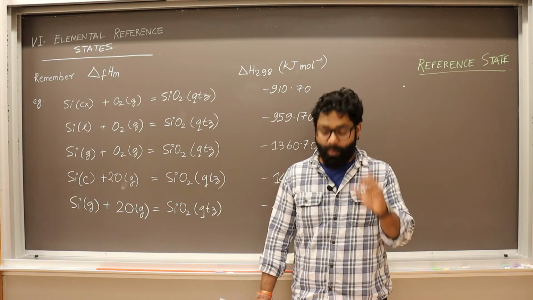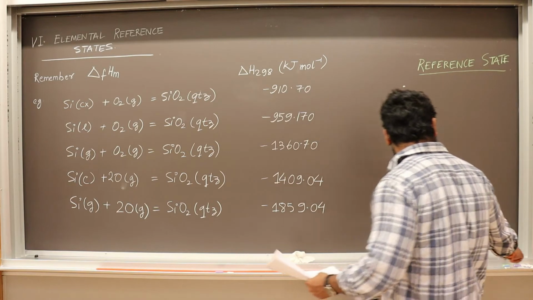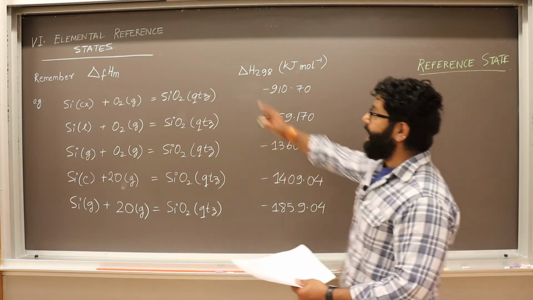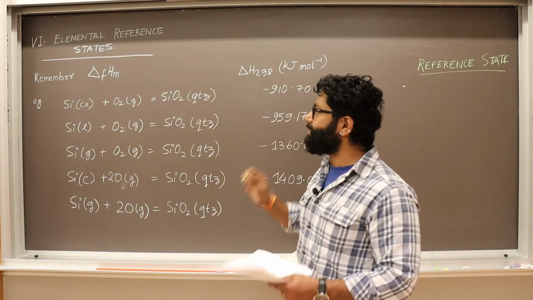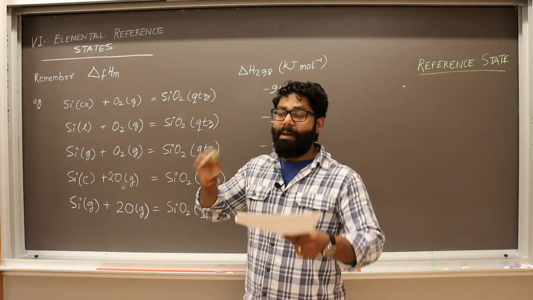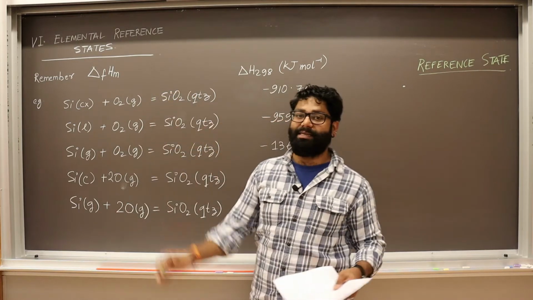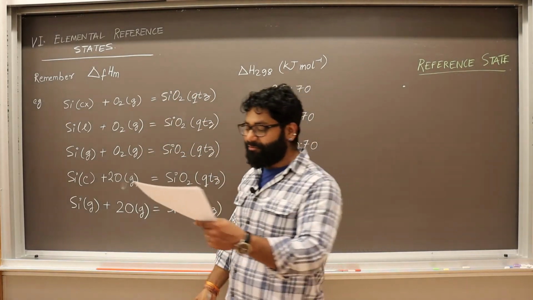To do that, what scientists did was they came up with the idea of elemental reference states. They said that all the constituting elements must be in their elemental reference states. Now, what is an elemental reference state?